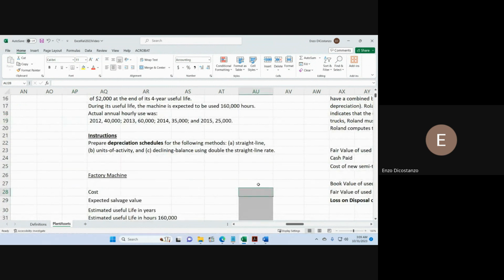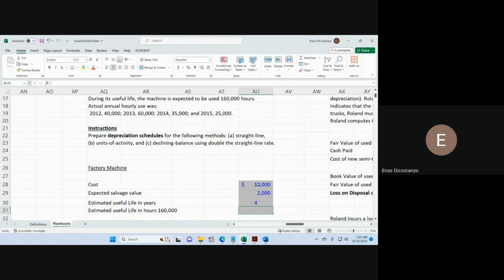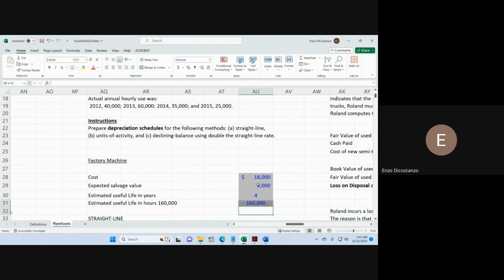So your initial cost was 18,000. Salvage was 2,000. Useful life, 4 years, and then 160,000 hours.